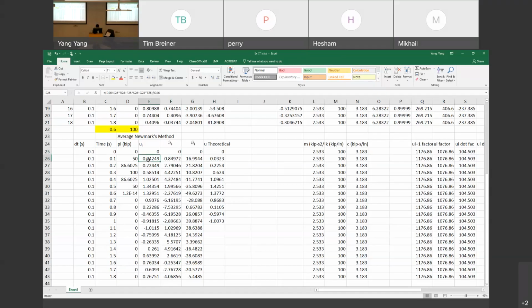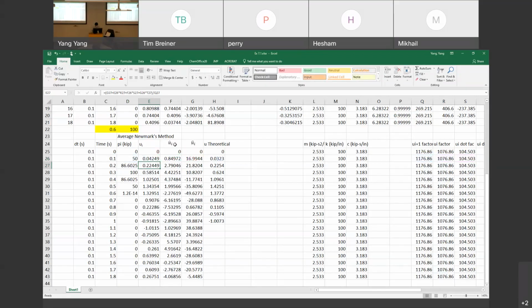So the next step, we can just go ahead and implement the equations. The displacement at time i plus 1, at time point 1, is only a function of the initial condition as well as P_i and delta t, as you can see here. So we should be able to do the calculation.